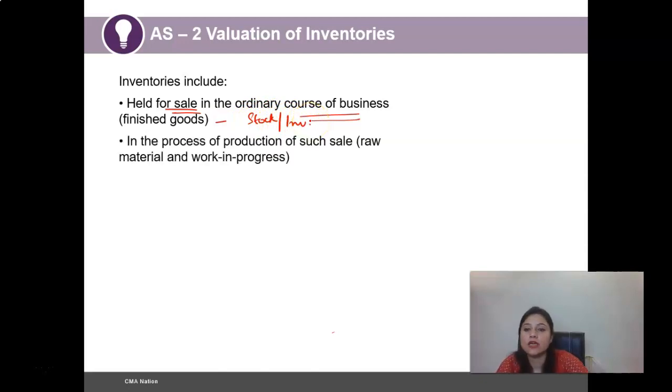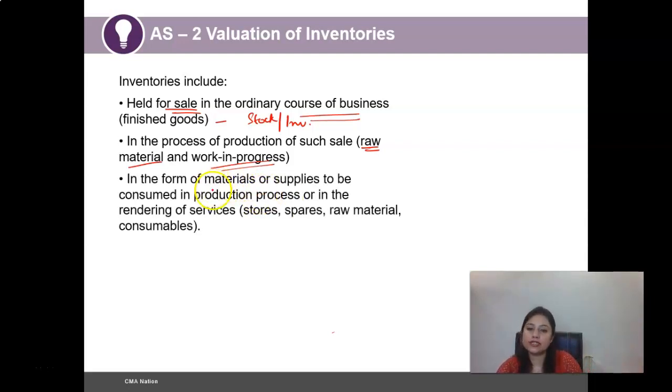Then goods in the process of production, that is, raw material or work in progress goods which have been procured by the business in an accounting period but are still in the conversion stage and not completely manufactured as a final product, will also be included in the inventories.